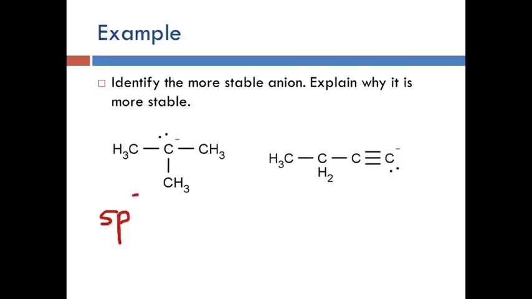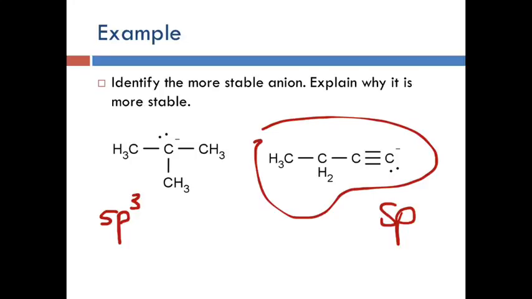That's sp3 hybridized. What about this carbon over here? Well, that one's sp2. Sorry, sp. Which one's more stable? The one that is more electronegative, the one that holds the electrons closer, the one with more s character. This guy. Because the electrons are held more closely to the carbon atom, which is a more stable situation.